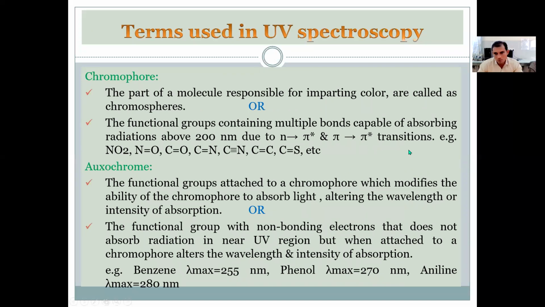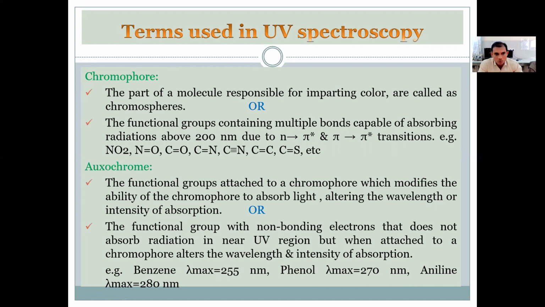Now next one, chromophore. Some terms will be used in UV spectroscopy. Chromophores: the part of a molecule responsible for imparting color is called a chromophore. Further, it is defined as a functional group containing multiple bonds capable of absorbing radiation above 200 nanometer due to the pi to pi antibonding and n to pi antibonding transition.